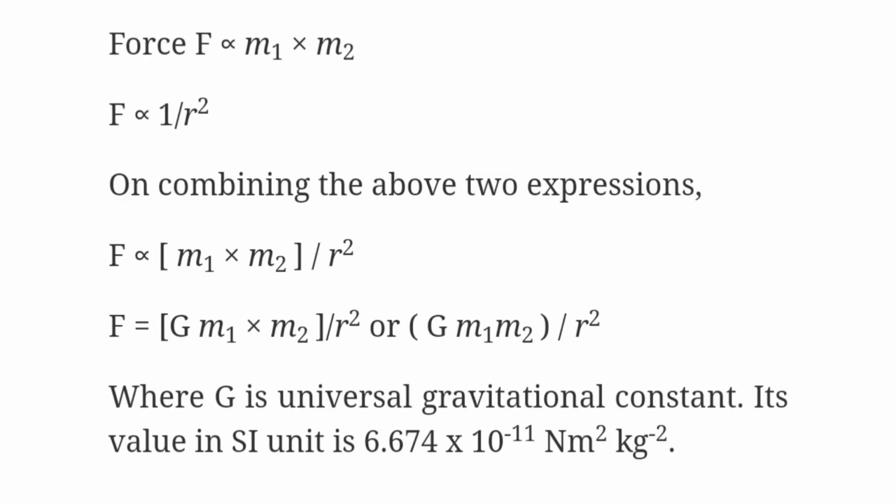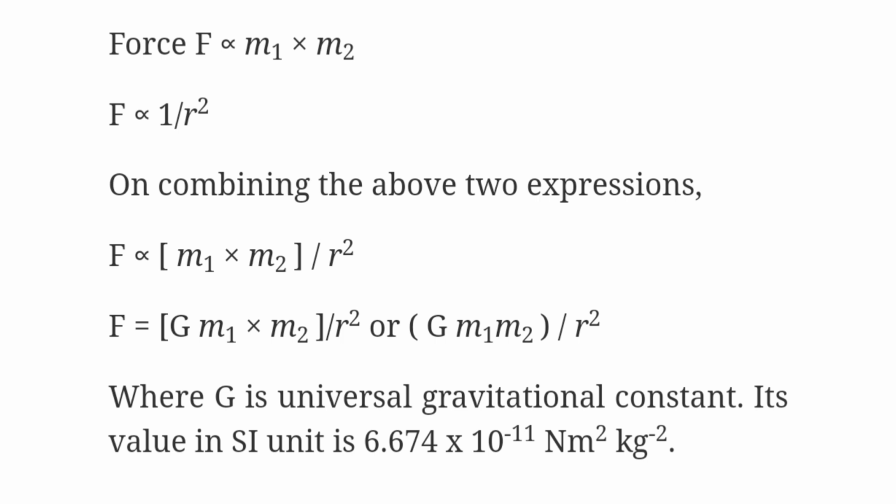Force F is proportional to m1 into m2. F is proportional to 1 by r squared. On combining the above two expressions, F is proportional to m1 into m2 by r squared, F is equal to G m1 m2 by r squared, where G is the universal gravitational constant.